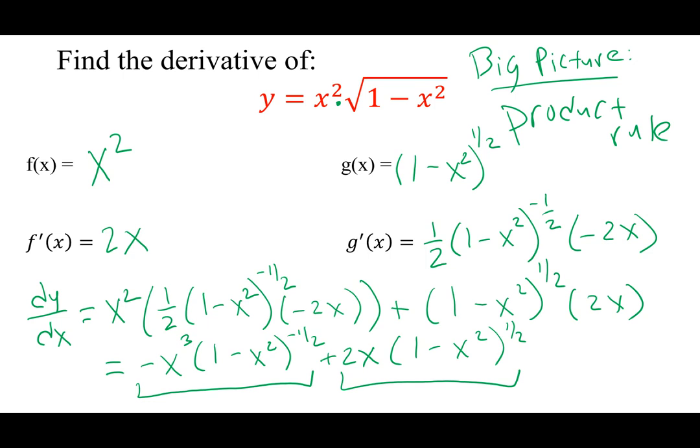So when in doubt, take the largest negative out. So I am going to factor out the greatest common factor, which again is going to be x times (1 minus x squared) to the negative 1/2 power. Then in terms of what I'm left with, if you look at the entire first quantity, everything was taken out except for the negative x squared.